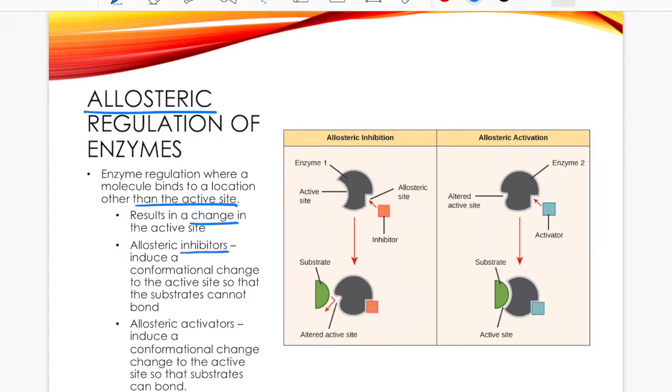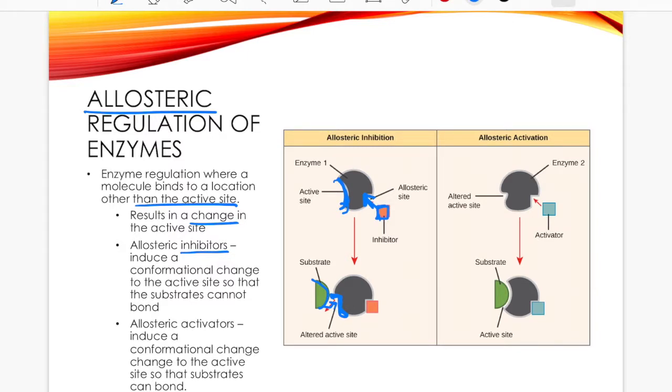It can inhibit, where this little block binding to our enzyme changes the shape of the active site, and the substrate no longer fits in there. That's an allosteric inhibitor. So the inhibitor binds to an allosteric site, a site other than the active site. It changes the shape of the active site, and the substrate can no longer fit. So we've stopped the activity of that enzyme.